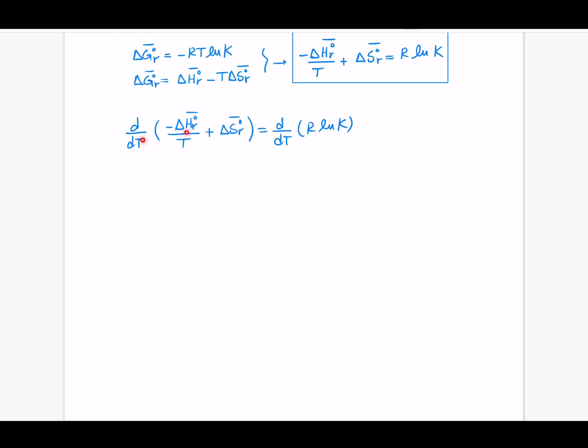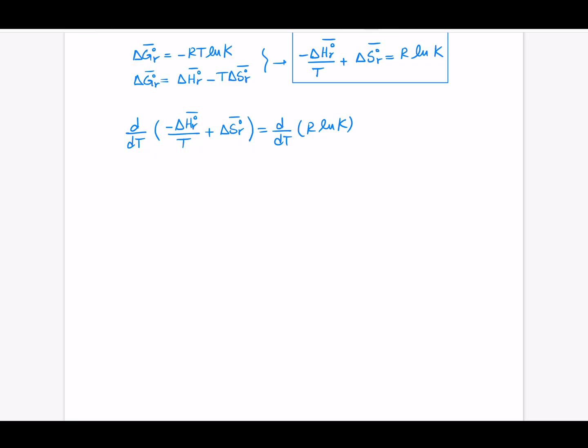So here this can be applied to both. So this is not temperature dependent as we mentioned. So d over dT of this guy would be equal to 0. So that makes it a little bit simplified.